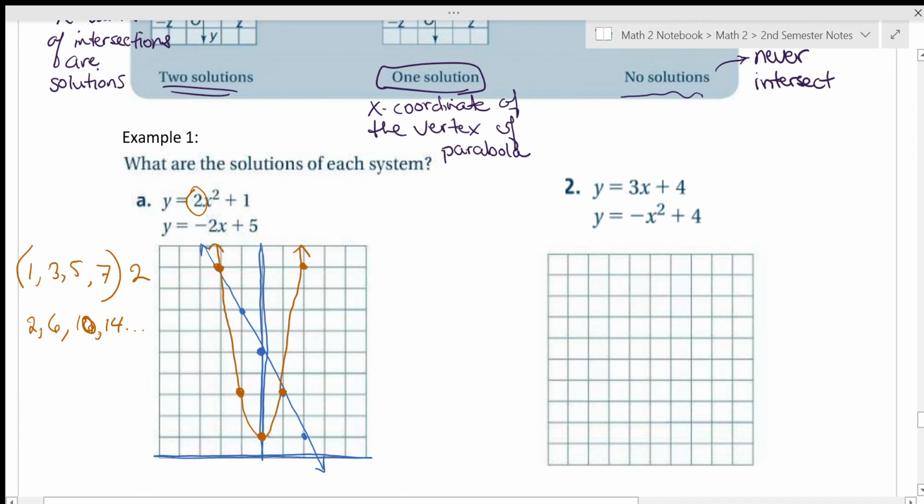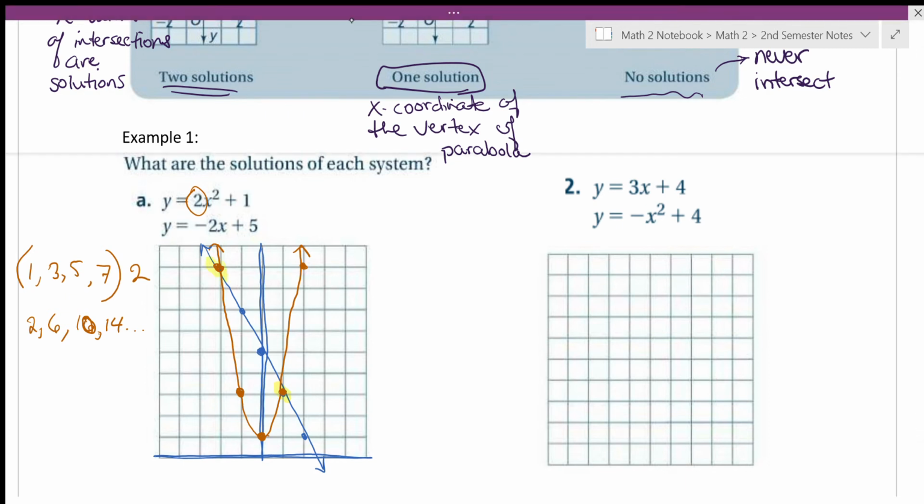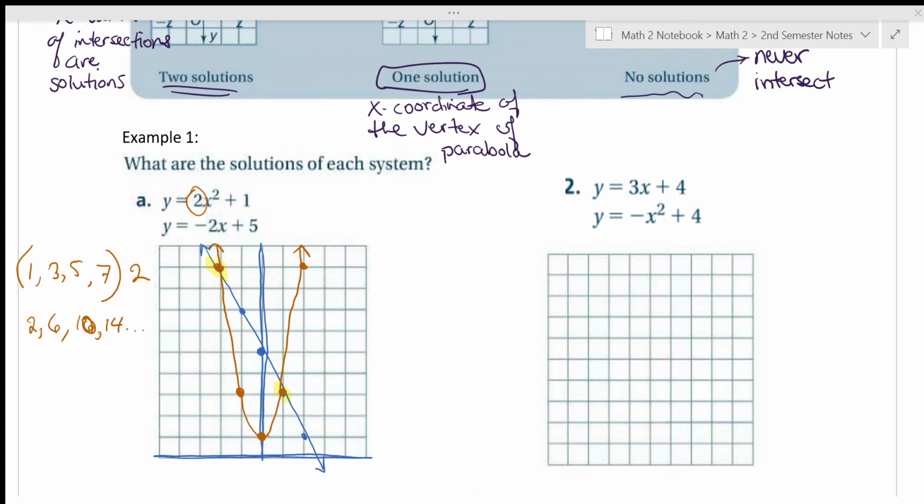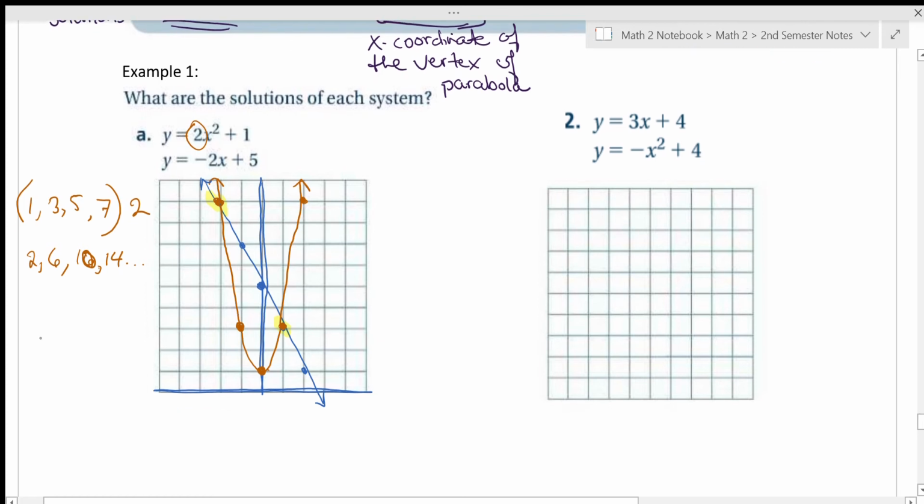So my parabola, we can see it intersects with my line at 2 spots, at this point and at this point. So then the solutions for this system would be those x coordinates. So the solutions for the system are x equals negative 2 and x equals 1.